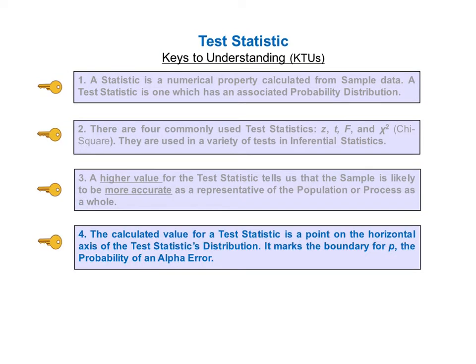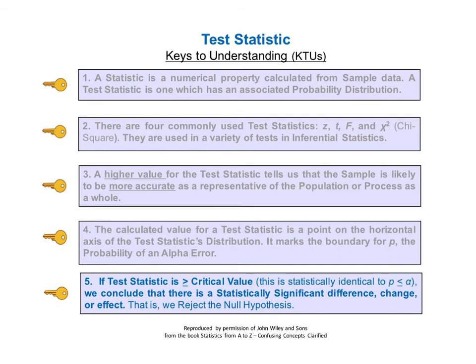The fourth KTU is the calculated value for a test statistic is a point on the horizontal axis of the test statistic's distribution. It marks the boundary for P, which is the probability of an alpha error.